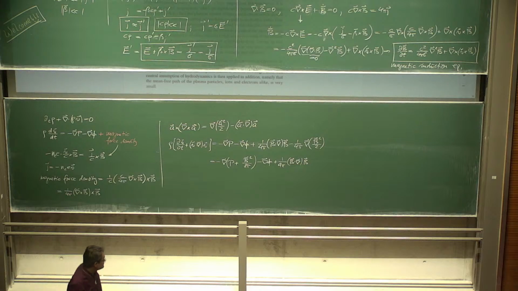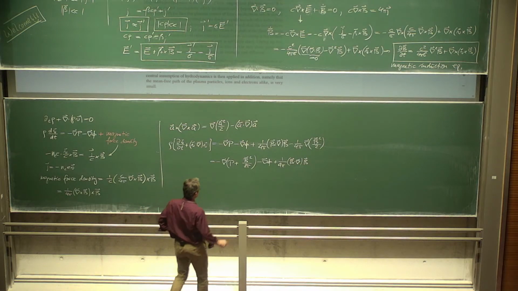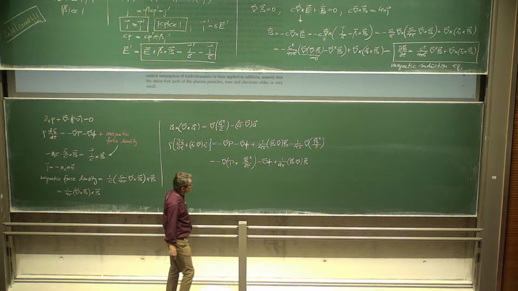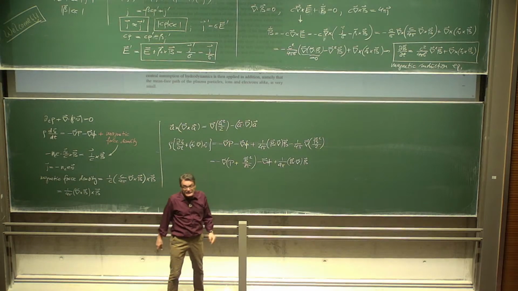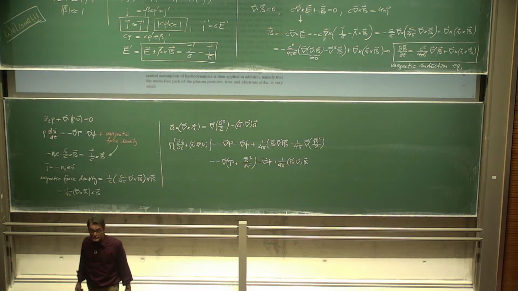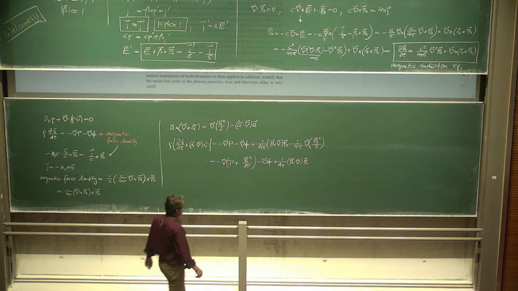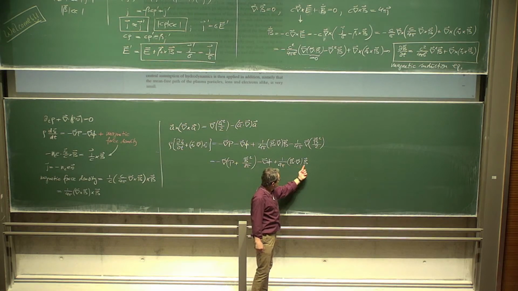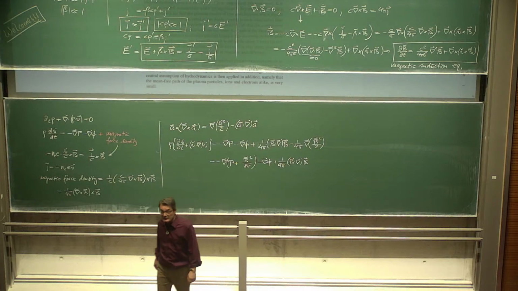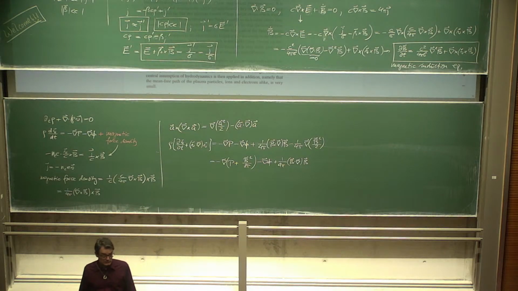Okay? So you see two very intuitive additions to Euler's equation. First of all, there's a magnetic pressure which resists being compressed. And there's a tension in the magnetic field that tells you that magnetic field lines want to be as straight as possible.